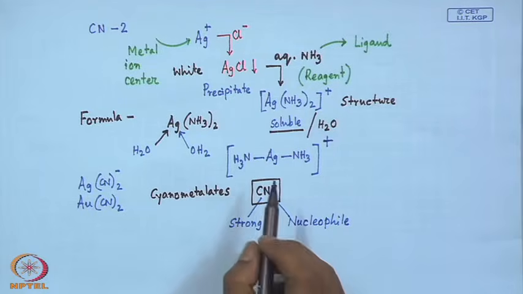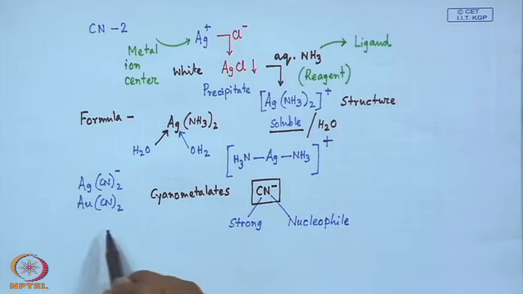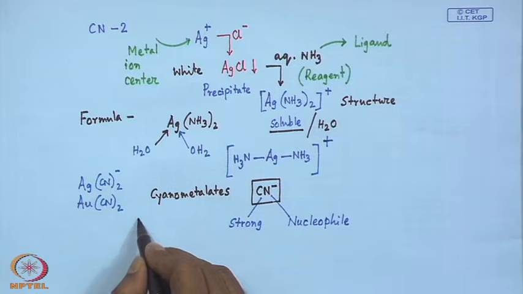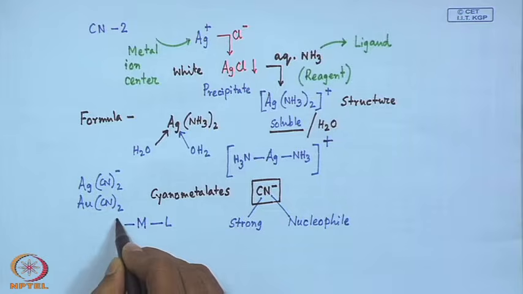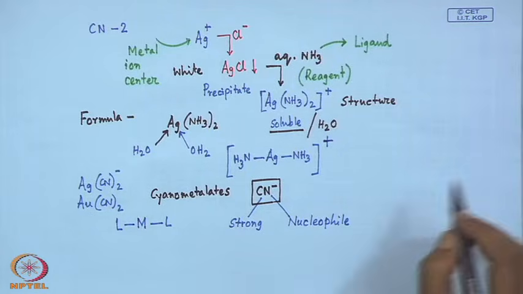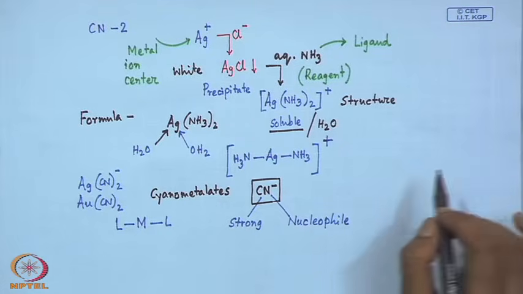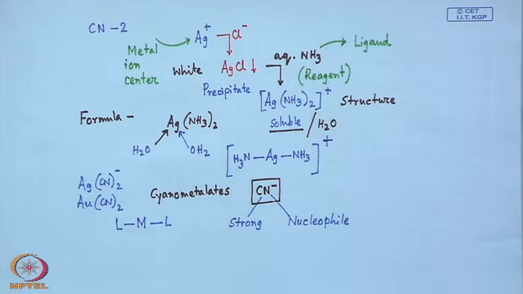So, similar to the binding of ammonia, it can also bind from 2 points. That means if we have M, we can have L from this side and L from the other side.